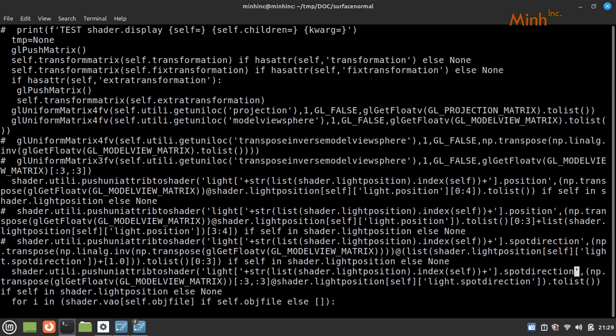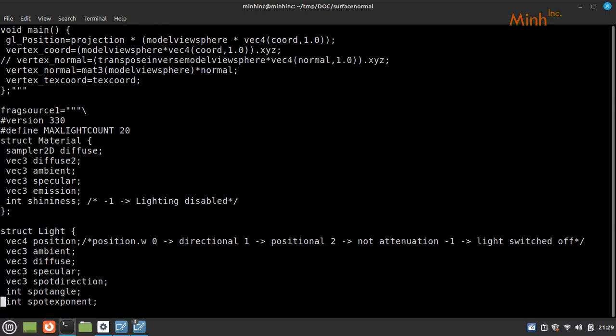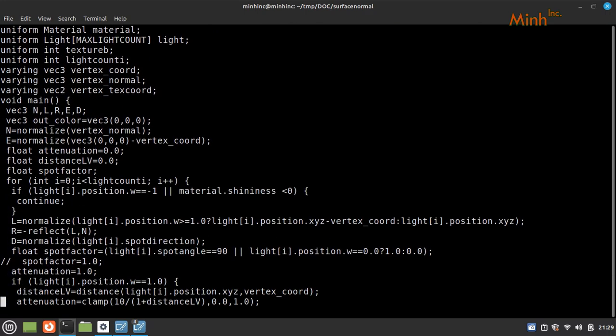Can we see? If I am doing the spot direction, only the first 3 we are passing. A spot direction is a direction, like a normal. Only the first 3 we are passing. If I see the fragment shader, we are not doing any calculation at all.